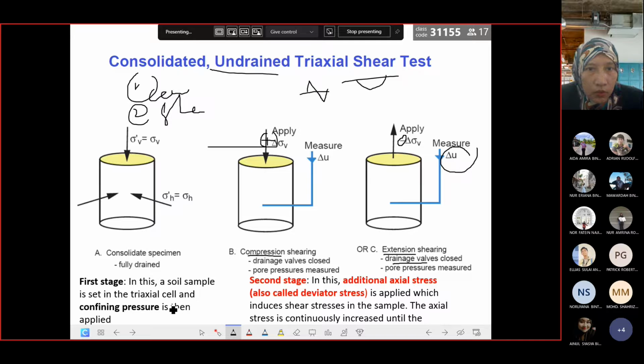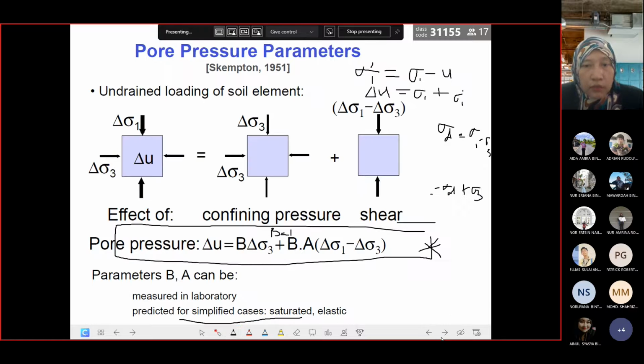So apa yang berlaku kat sini adalah the sample is set in the cell dan juga confining pressure is applied. So during this time kita nampaklah sigma H sama dengan sigma V, and the second stage in the shearing you akan nampak kalau you dalam keadaan triaxial compression, so there is a change in the deviatoric stress ataupun axial stress. You apply sehinggalah sampel tu fail dan berlakunya shearing.